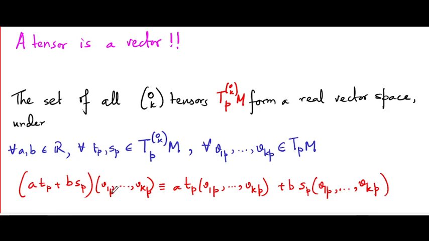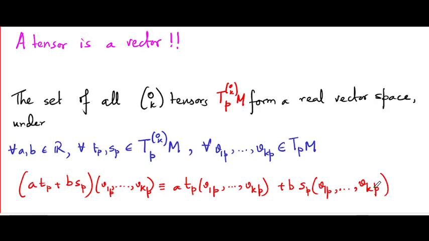The P's here just indicate that all these tangent vectors are tangent to the manifold at the point P. Now we define aT_P + bS_P in this manner: acting on k such vectors, the result that you get is a times T_P acting on those vectors plus b times S_P acting on the same set of vectors.